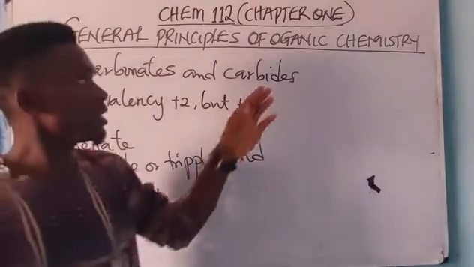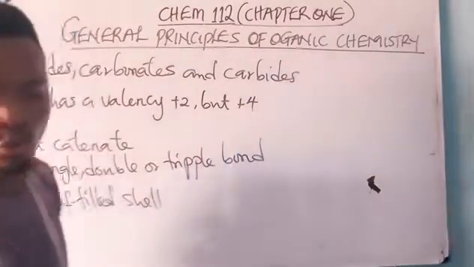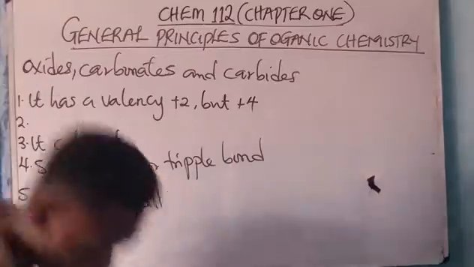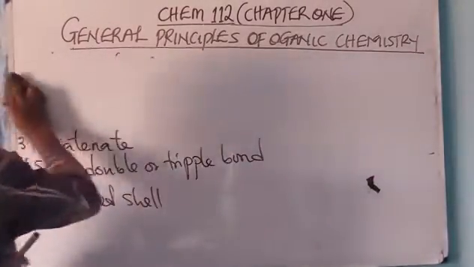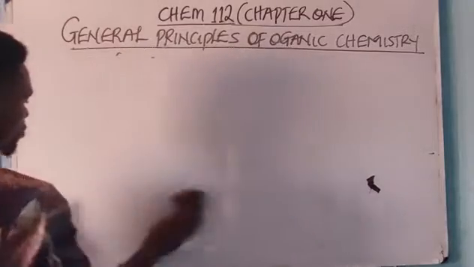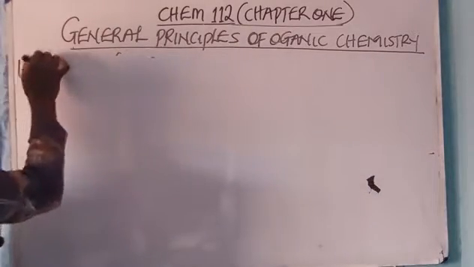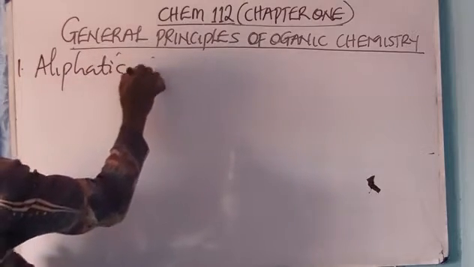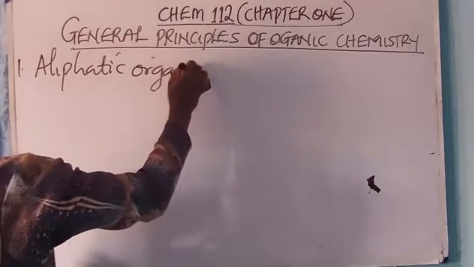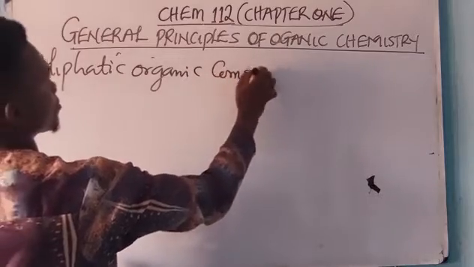Now organic chemistry is divided into two broad categories. We have the aliphatic organic compounds.